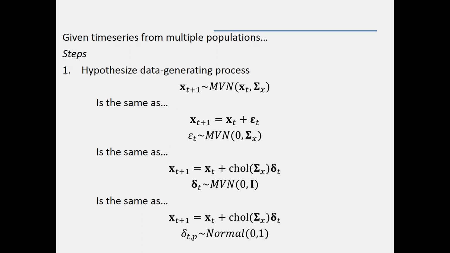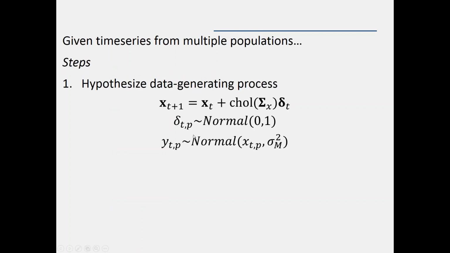Each of these steps is decomposing it a little bit, and I think what we're all struggling with is this block of code, the second block, the third block, where we take a multivariate normal epsilon.